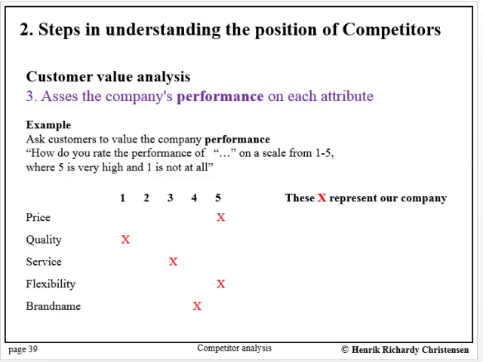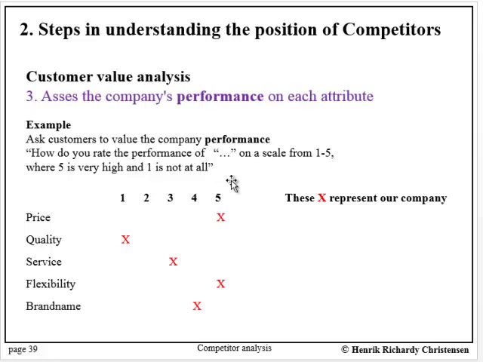And here we have the same attributes again: price, quality, service, flexibility, brand name. And here the customers are answering the question, how do you rate the performance of price on a scale from 1 to 5, where 5 is very high and 1 is not at all.